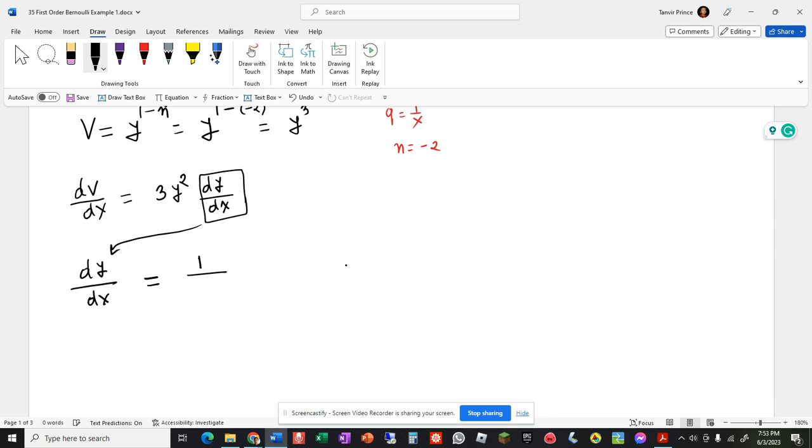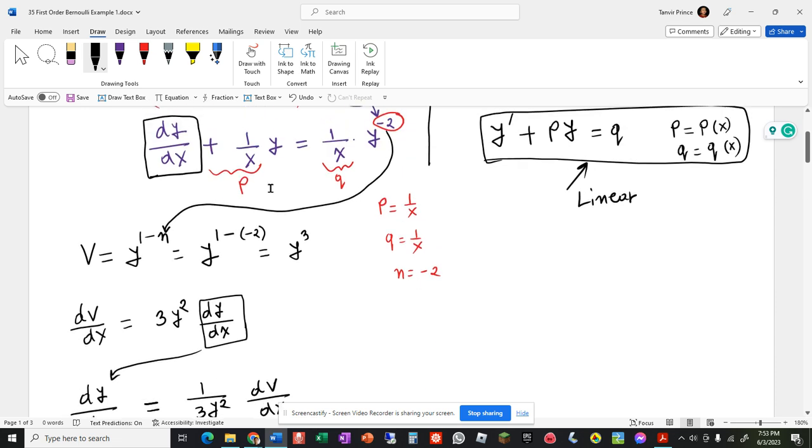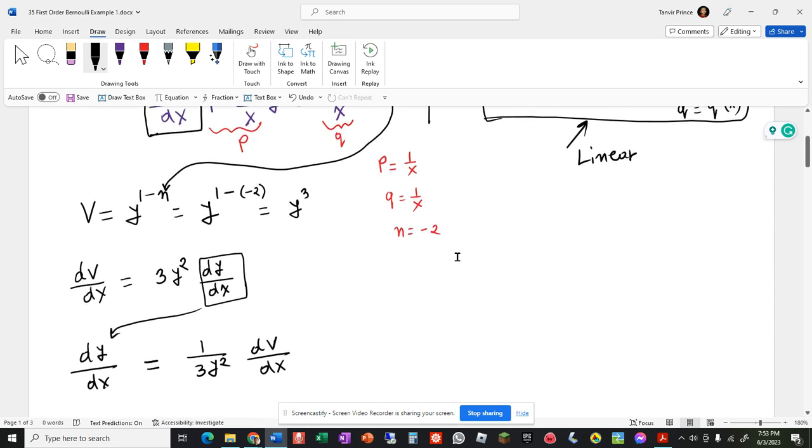So 1 over 3y squared dv dx. Excellent. So now in place of dy dx, I'm going to substitute this. So this goes in place of dy dx here.